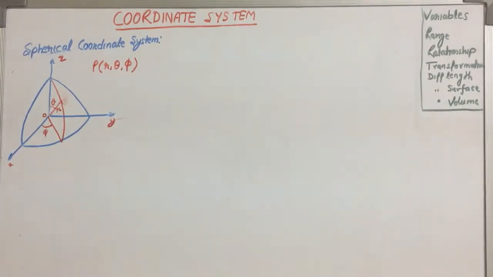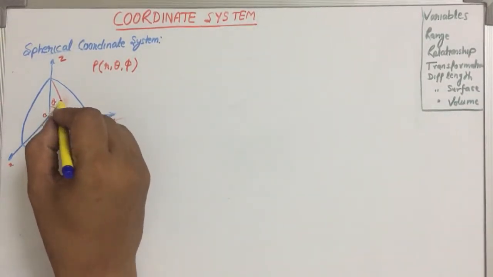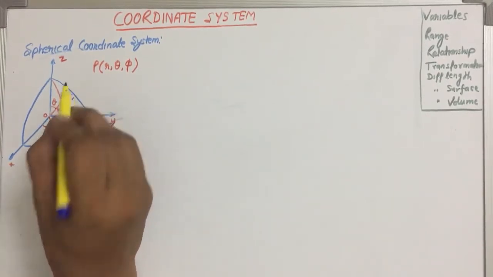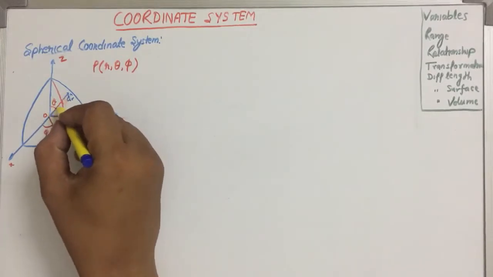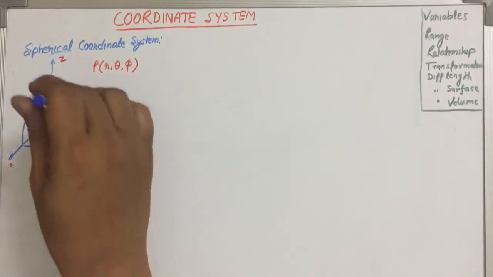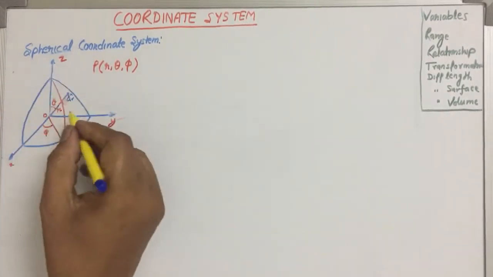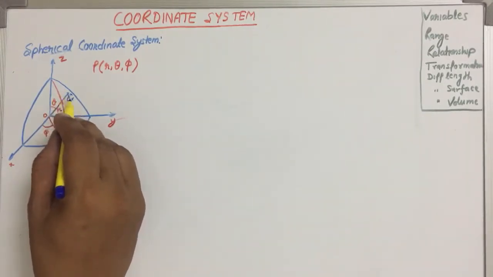We know that the unit vectors are in the direction of increasing the variable, so it will be AR. This is radius, so radius is increasing in this direction out of the sphere, so unit vector will be in the direction of increasing r, that is AR cap.